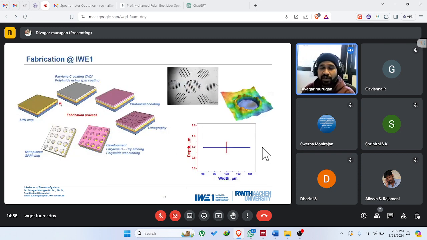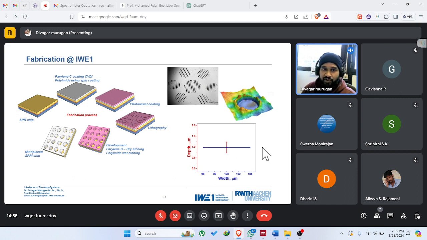Then we use a UV lithography process to make these wells. Initially you have a glass chip coated with 5 nanometer titanium and 45 nanometer of gold. Then on top of this we coat a polymer like parylene or polyimide. Then we coat a photoresist on top of this. Then we create these structures using a mask with lithography.